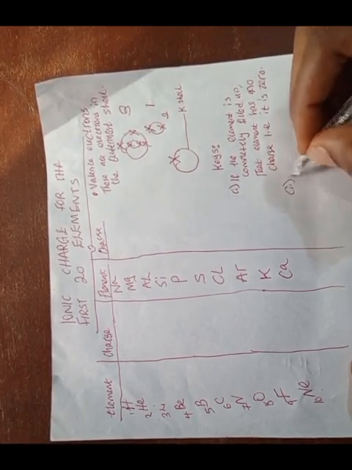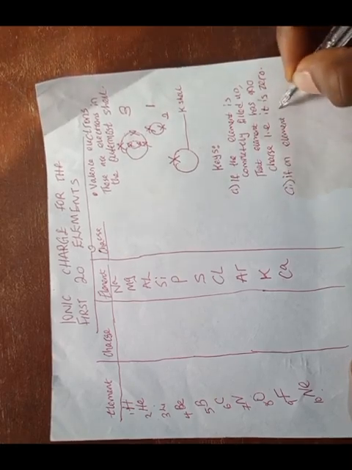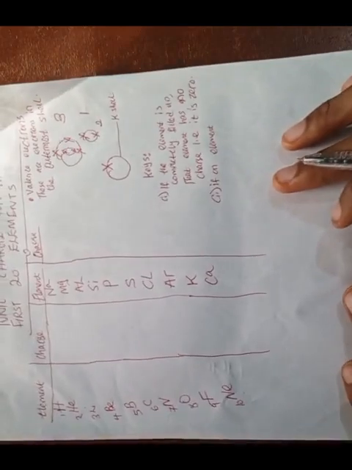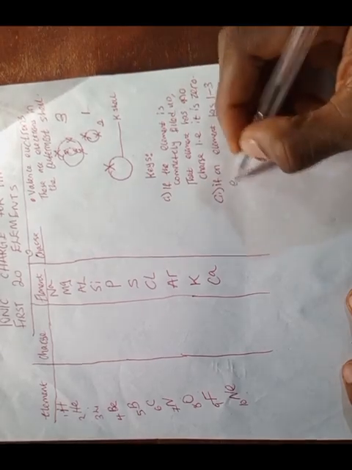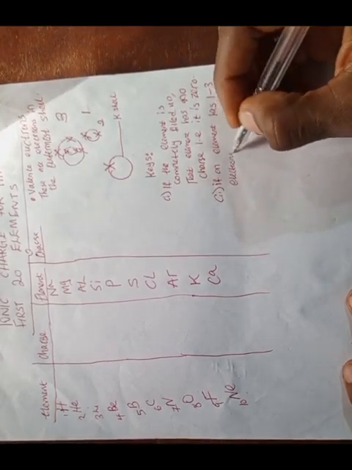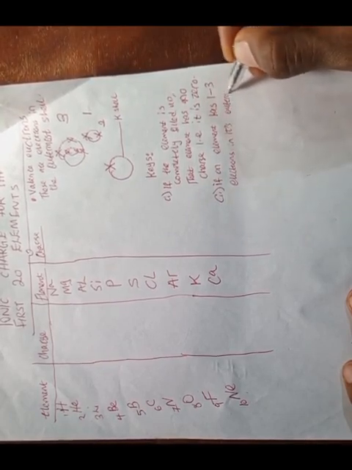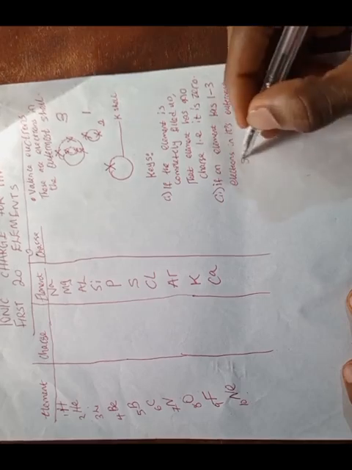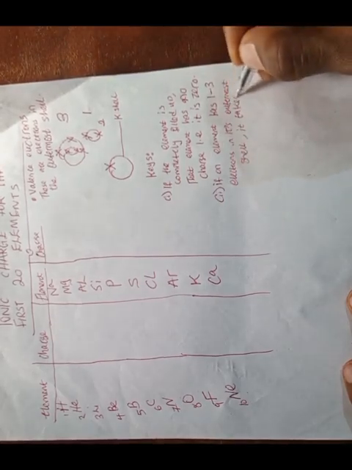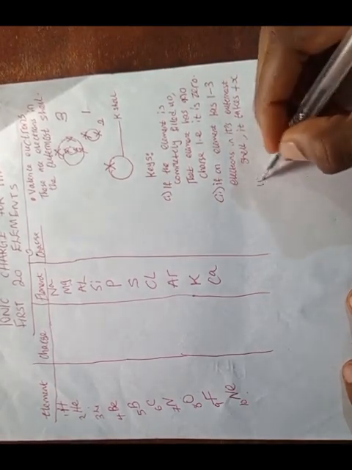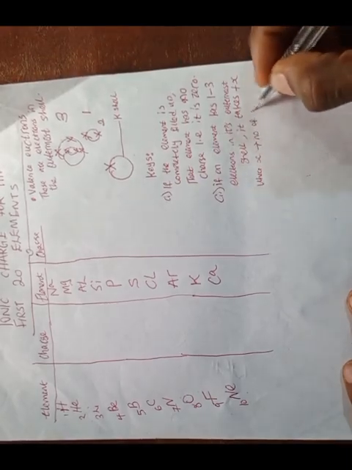Two, if an element has 1 to 3 electrons in its outermost shell, it takes positive X, where X is the number of valence electrons.